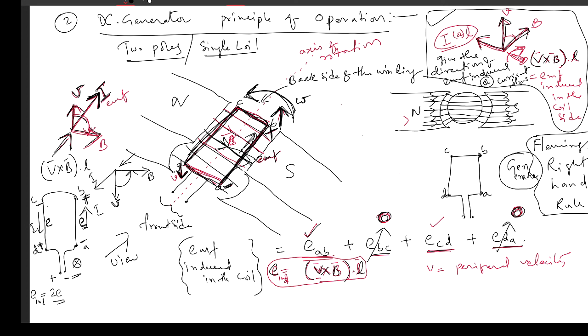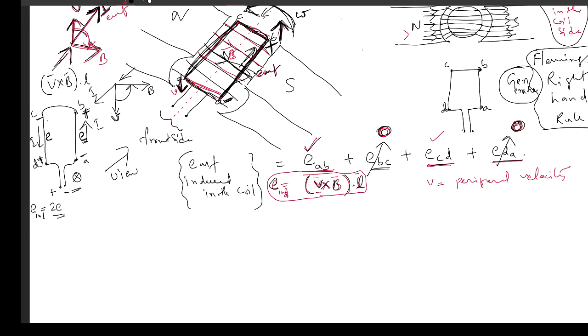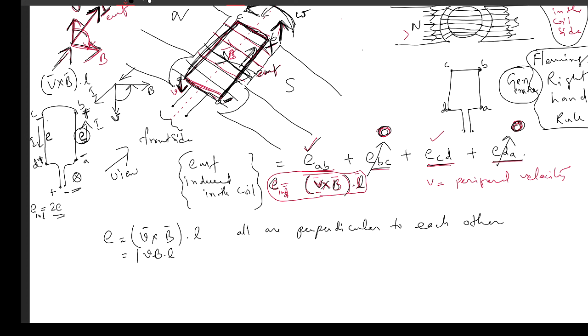What is the formula of E now? E is equal to V cross B dot L. Because all are perpendicular to each other, we have the velocity times the flux density times L. This is the magnitude.